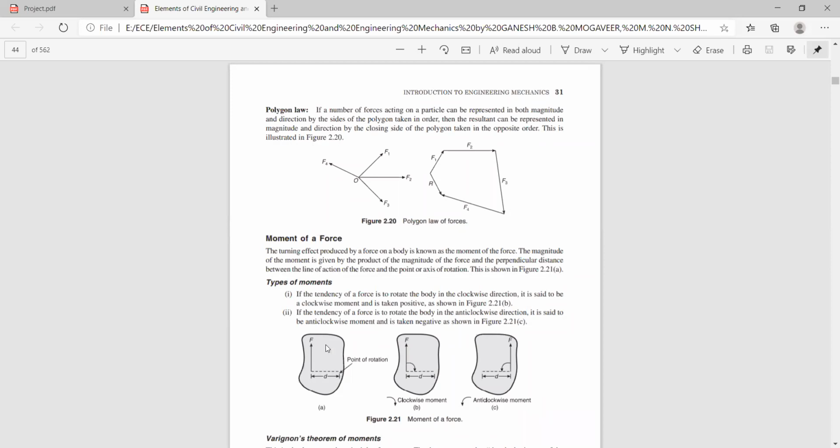The SI unit of moment will generally be Newton meter, because the magnitude of the force will be in Newton, and the perpendicular distance can be in millimeter or in meter.